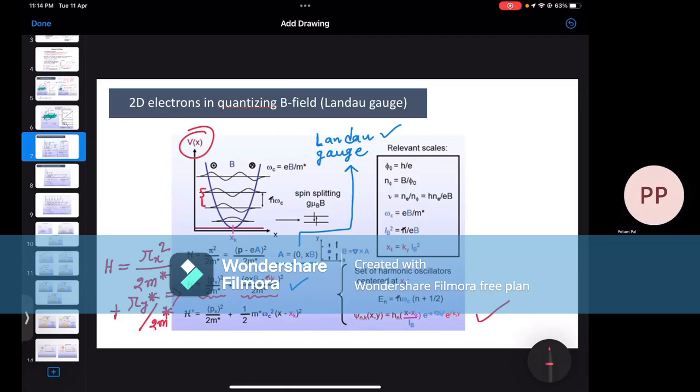This is the Landau quantization, and I've sketched by hand the lowest Landau level, first, second, and third, all separated by h bar omega c.